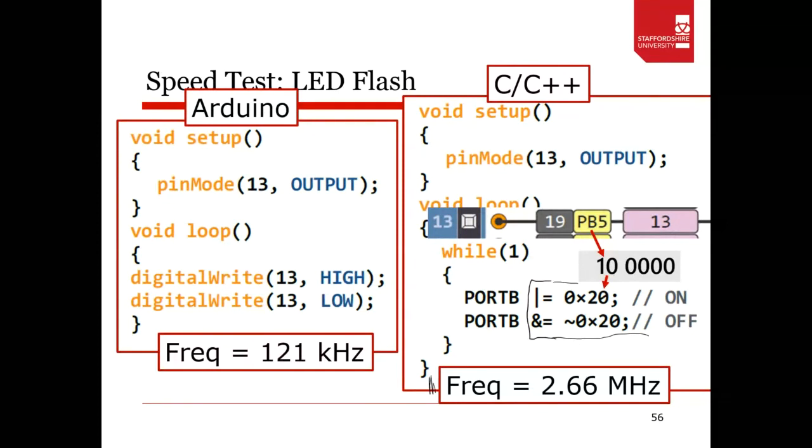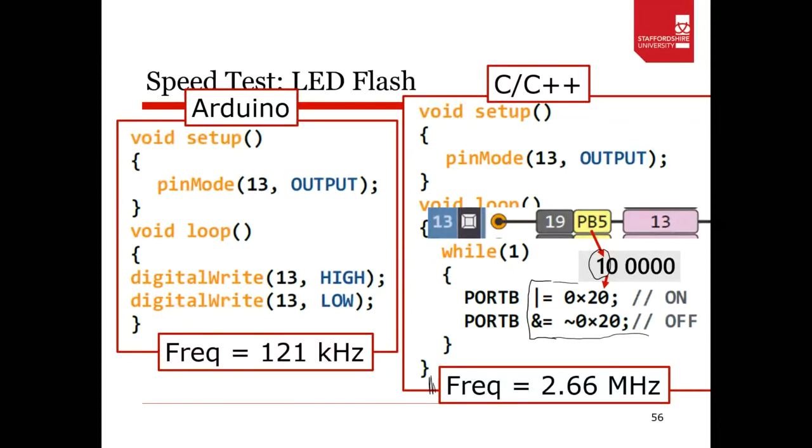So we OR it with a number, and the 1 needs to be where the port we want on, and then we AND it with the NOT of that number to switch that port off. If we have multiple 1s in that number, we will be switching multiple digital inputs and outputs on and off. That's the main gist of what I'm trying to say.